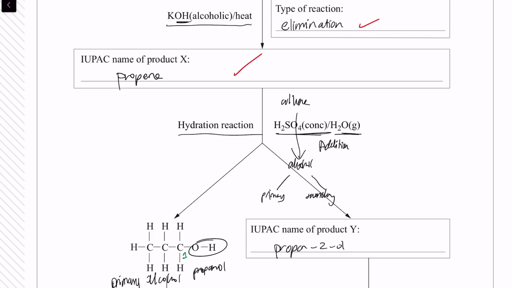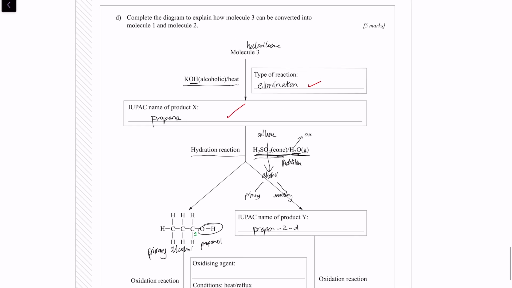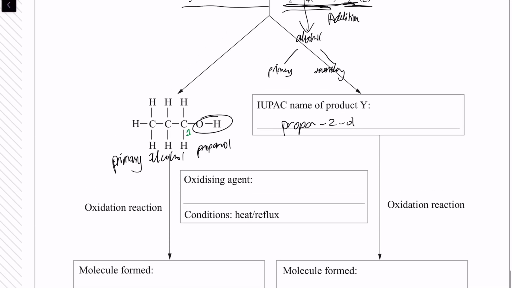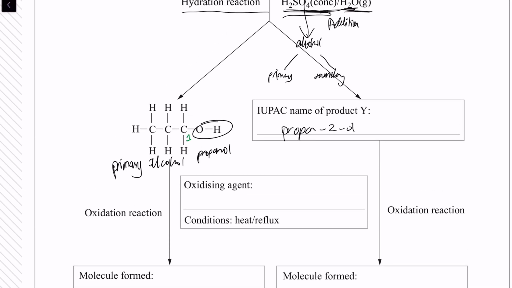What's part of an addition reaction? Well, we're adding H2O, okay, for that hydroxyl group with the OH group. And then we need a strong acid as a catalyst or a reagent for that, okay, in those conditions. All right. So our third mark is by saying that product Y will be propan-2-ol, IUPAC name.